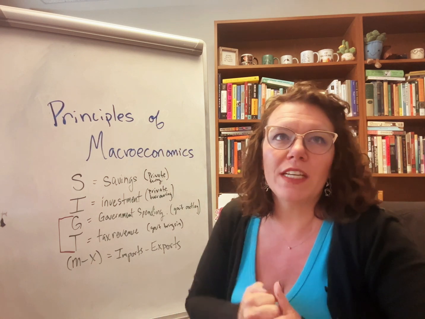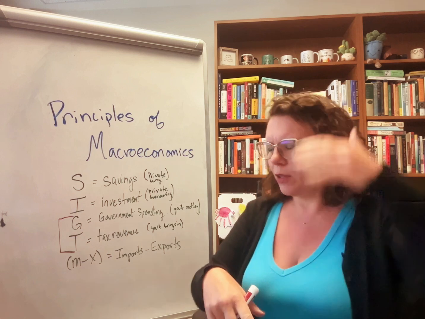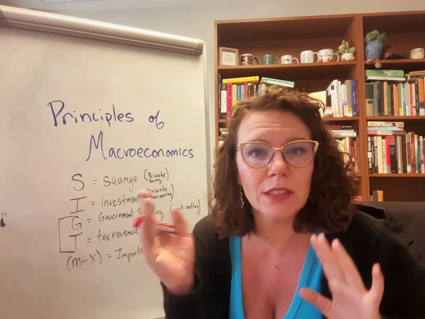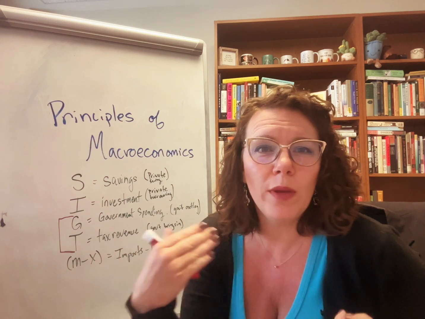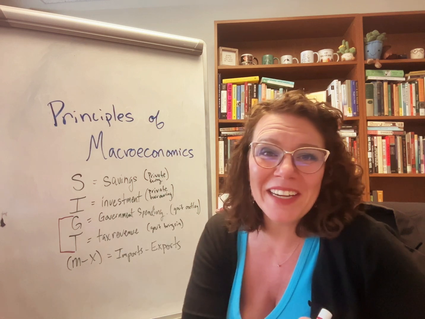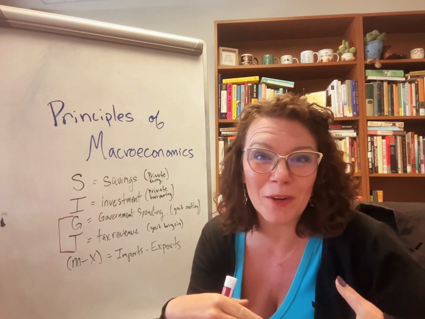And so what the textbook will do, and what we'll often see in books and in slides and when people talk about this, is they'll order G minus T or T minus G, depending on whether it's a deficit or a surplus. But we know intuitively that if you are spending more money than you're making, you're going to have a deficit. You're going to be having a negative number in your account.